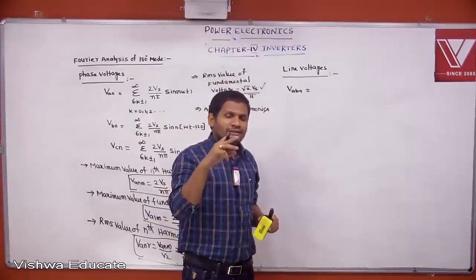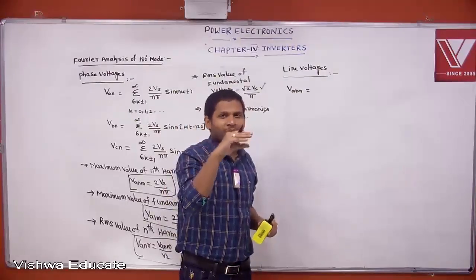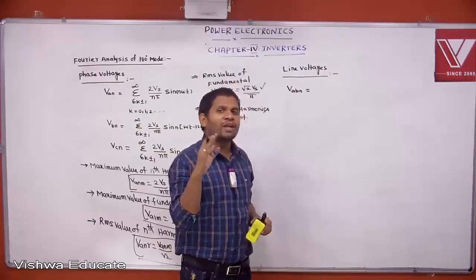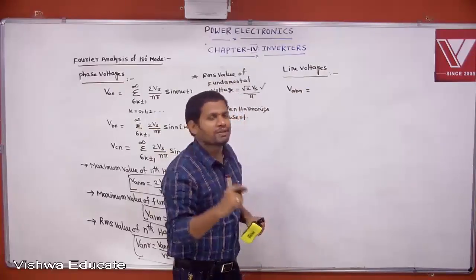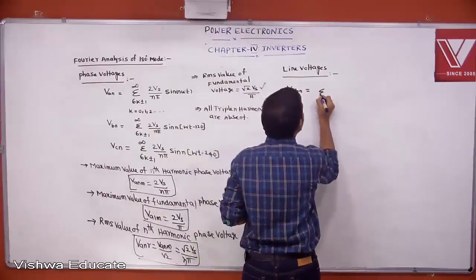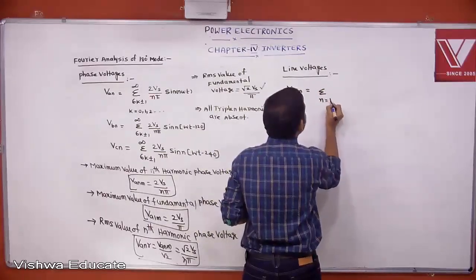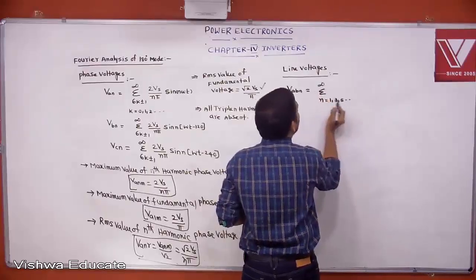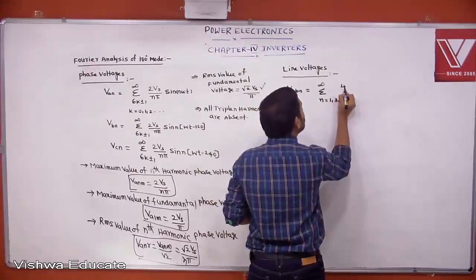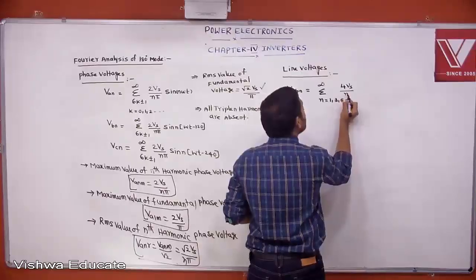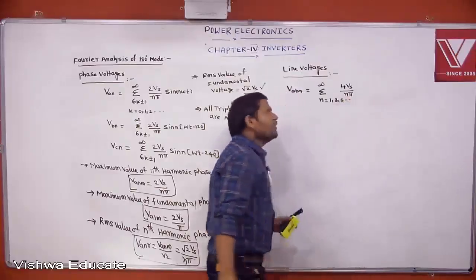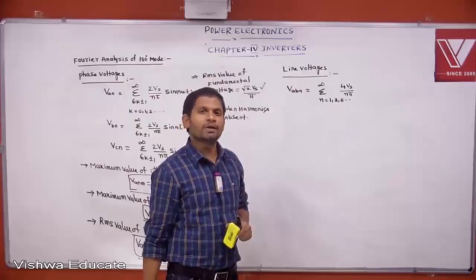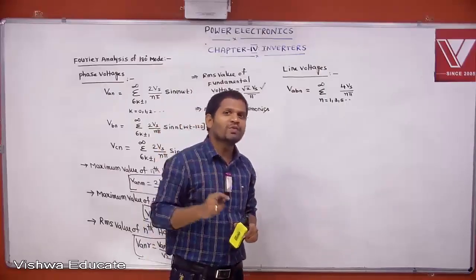See, this point I am telling for remembering purposes. A combination of two half bridge inverters is nothing but one full bridge inverter. That you write: summation n equal to 1, 3, 5 up to infinity, 4Vs by n pi. But the point to remember is that this 4Vs by n pi formula is derived for a square waveform in a single phase full bridge inverter.